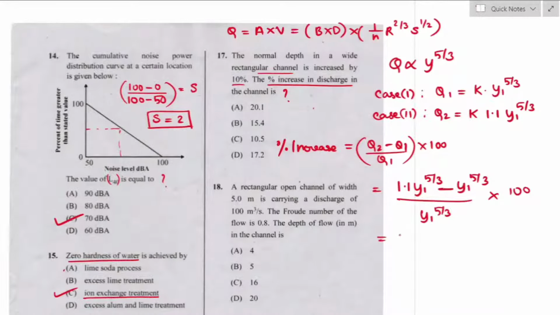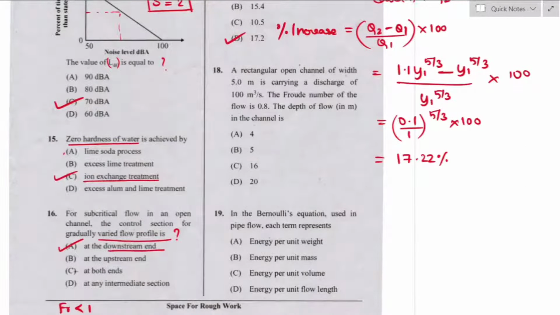So the percentage increase is 0.1 divided by 1 to the power of 5 by 3 into 100, which means that it is 17.22%. So the right answer is option D.